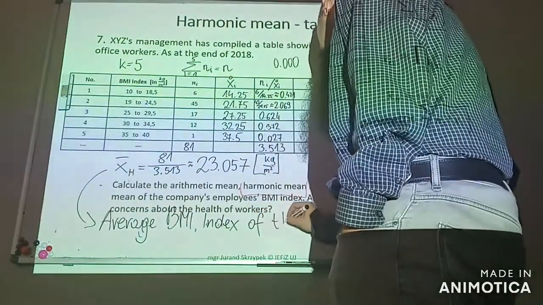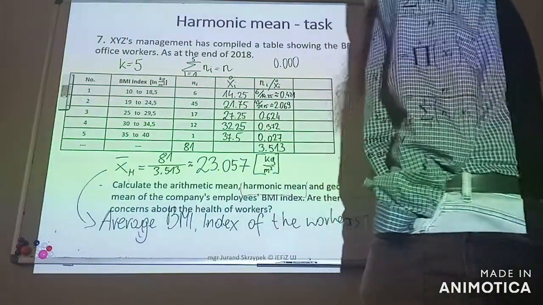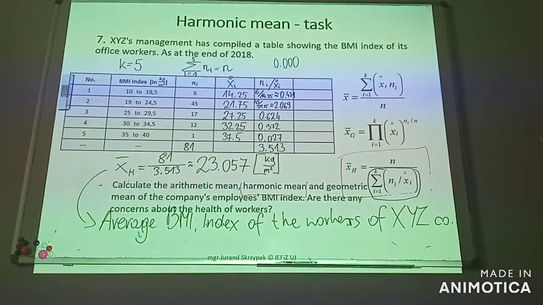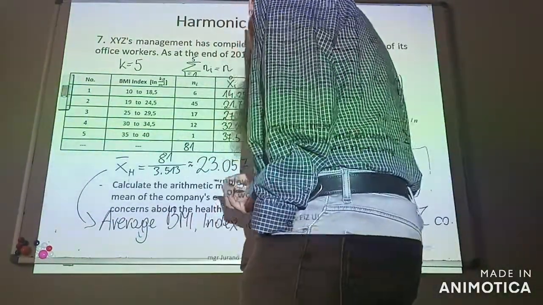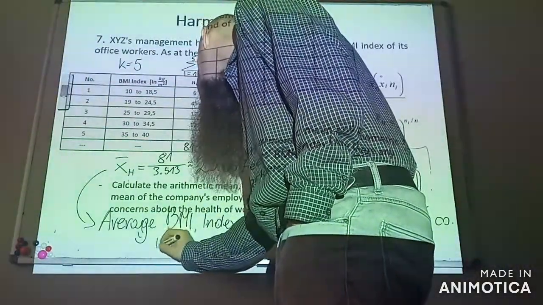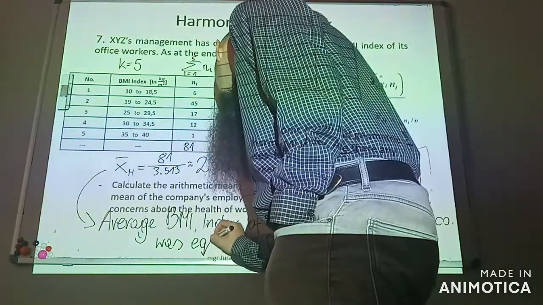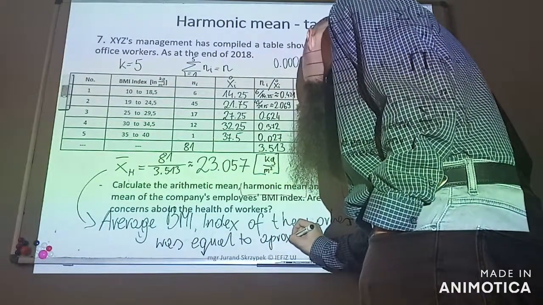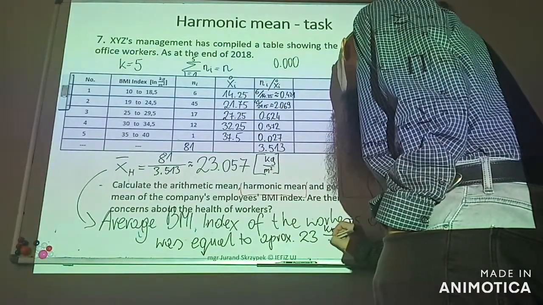This average BMI index of the workers of XYZ company was equal to approximately 23 kilograms per meter square.